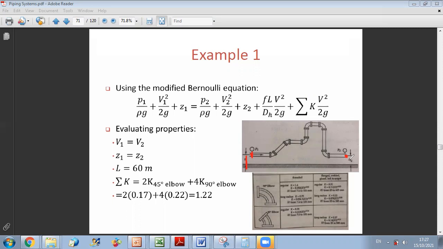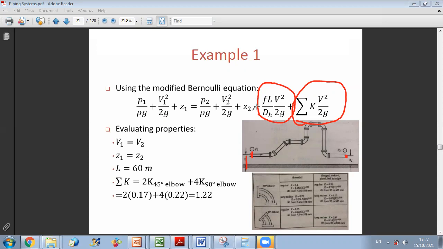We have minor losses and we have major losses. So this part is to account for minor losses, and this part is to account for major losses. On the other side, we have major losses plus minor losses plus P2 over rho g plus V2 squared over 2g plus z2.